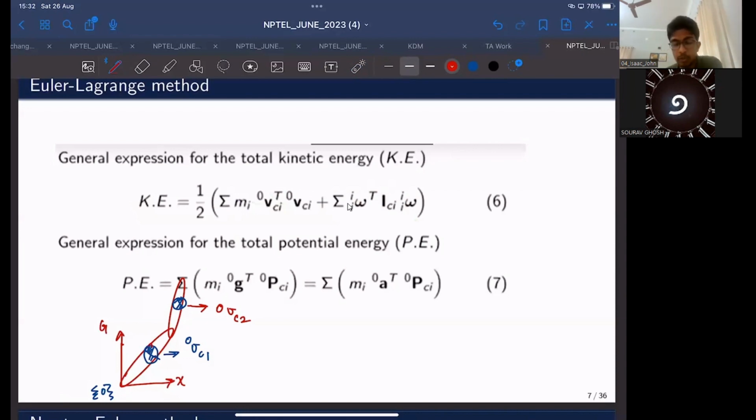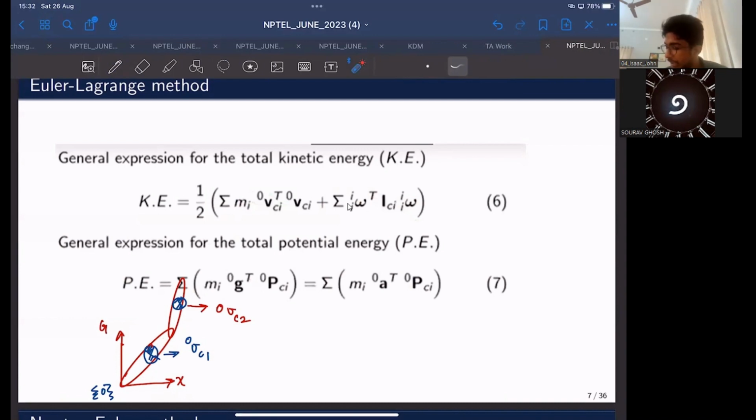The inertia tensor could vary depending on which frame you refer it to, but here, since the subscript is Ci, it is defined with respect to a frame attached at the center of mass.